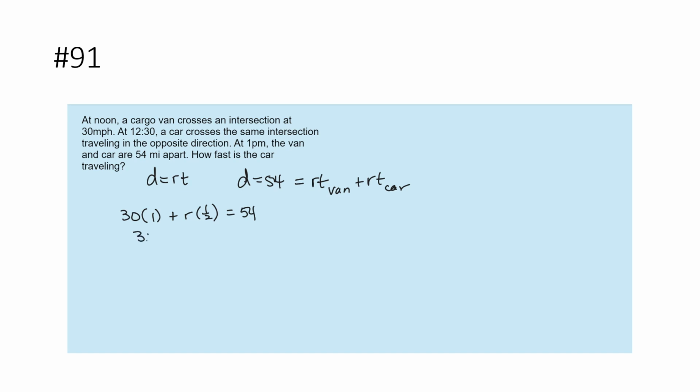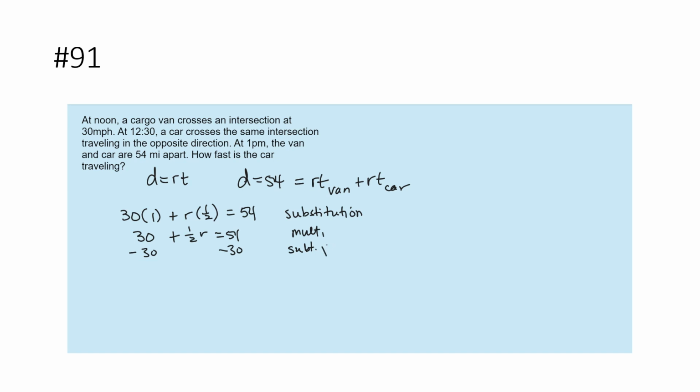So 30 times 1 is just 30, and then we're going to have 1/2 R equals 54. This was just substitution. This I just multiplied. I'm going to subtract 30 from both sides.